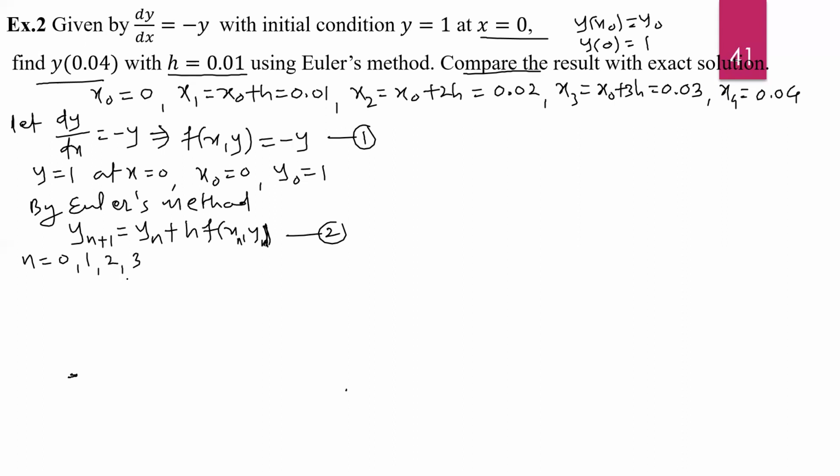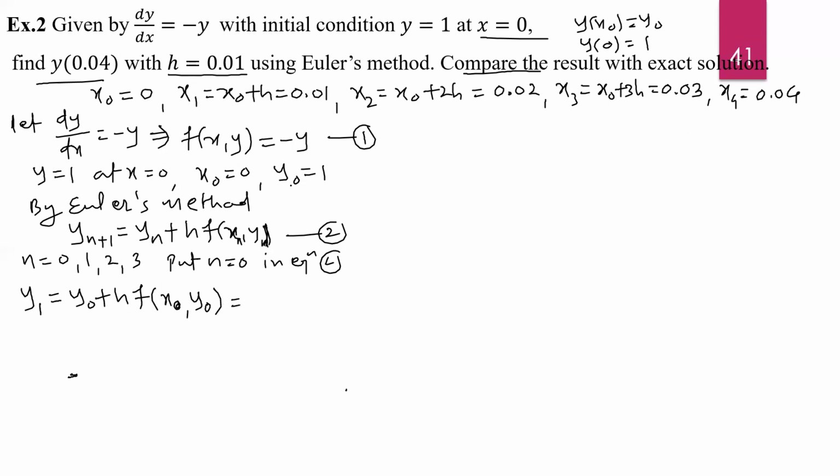There are 4 iterations. Now put n equal to 0 in equation 2. That is, y suffix 1 is equal to y naught plus h times f of x naught, y naught.